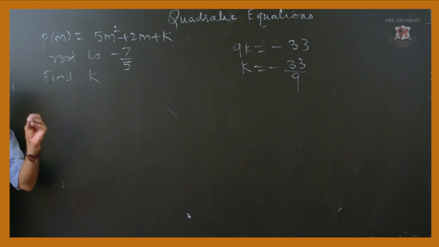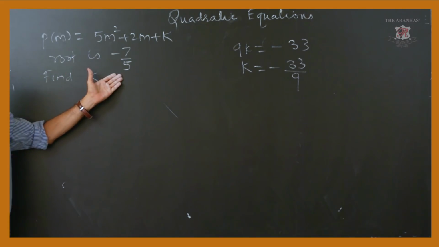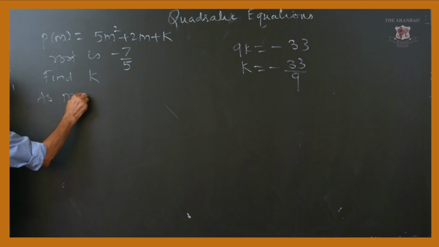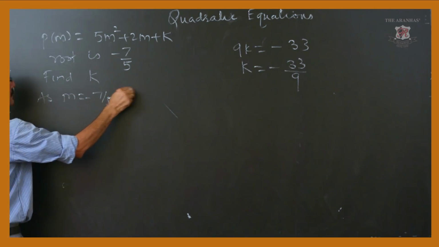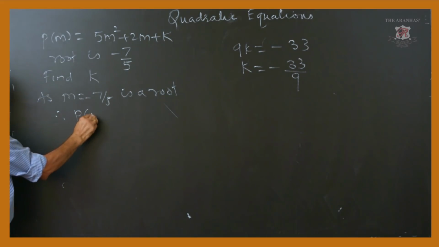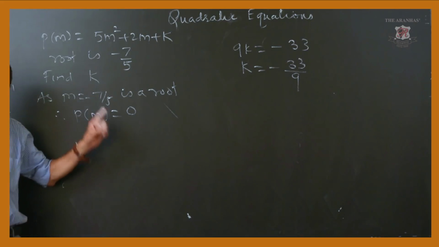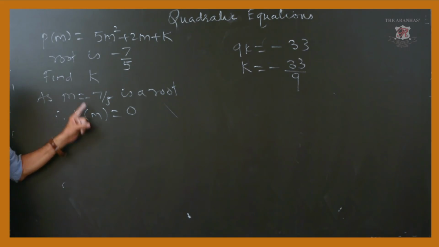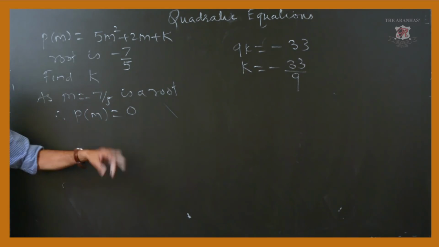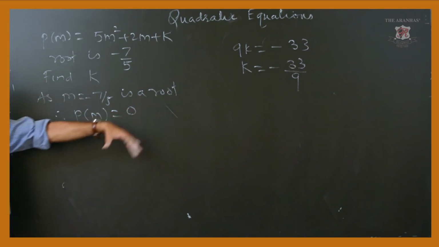Now, as soon as you come to know that this is the root, so straight away you say, as m is equals to minus 7 upon 5 is a root, therefore, p of m is equals to 0. Very important step, this you have to write. If you do not write this, your 1 mark will be reduced. It is a 2 mark sum, 1 mark for this, 1 mark for the value of k, whatever it is.